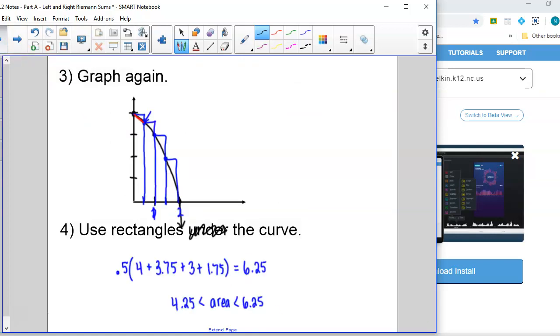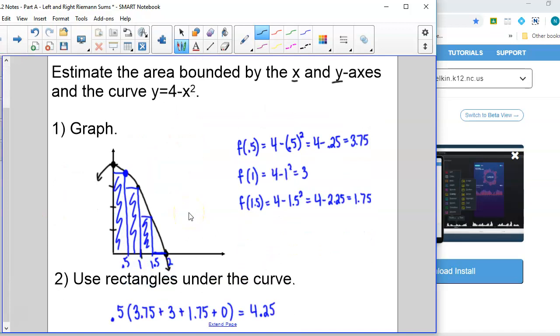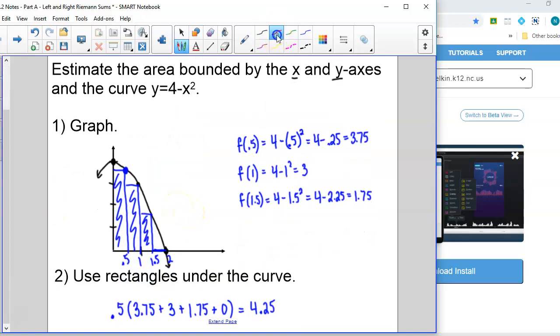Okay, so I guess I should go back. This first one that we did is called a right endpoint Riemann sum. It is called the right endpoint Riemann sum because the right top corner of the rectangle is on the graph.